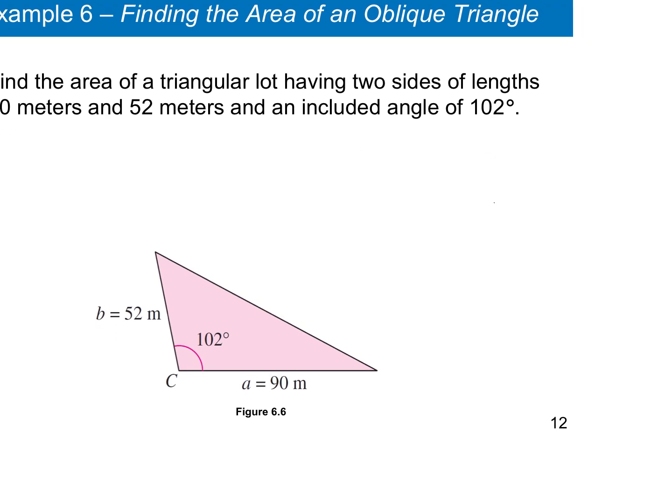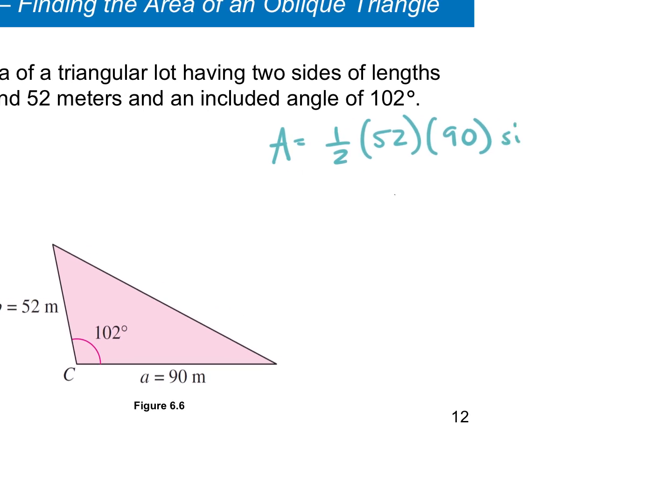Let's look at example 6. So our area formula is 1/2 times the side, so 52, times the other side, 90, times sine of the included angle, sine of 102. Just be careful when you put this into the calculator. If you do it all together and you leave it as 1/2, definitely put the 1/2 in parentheses.